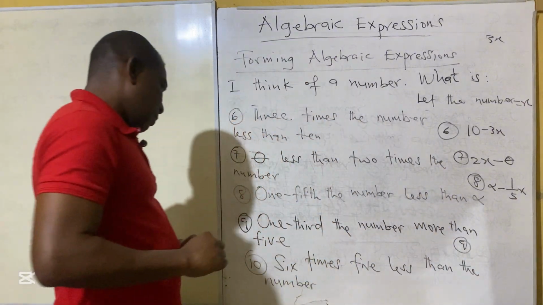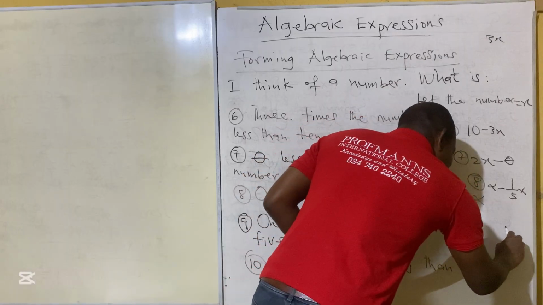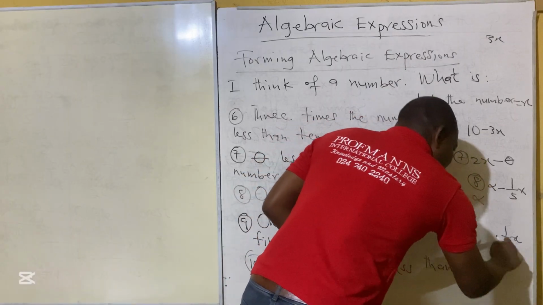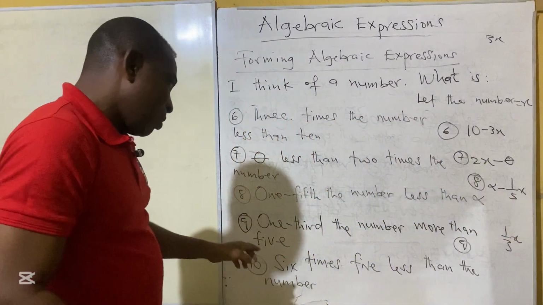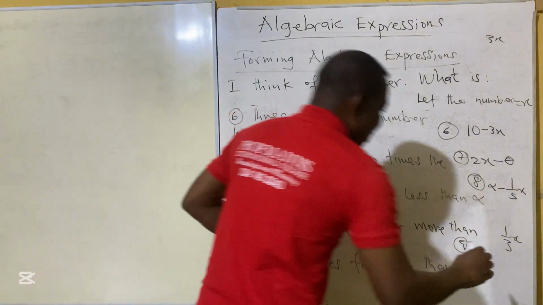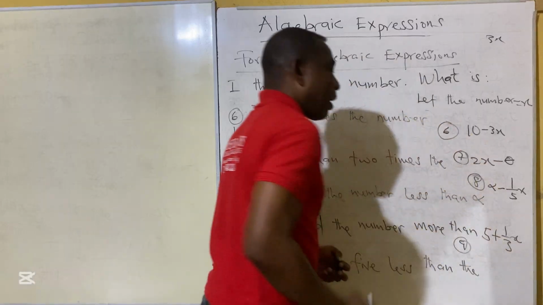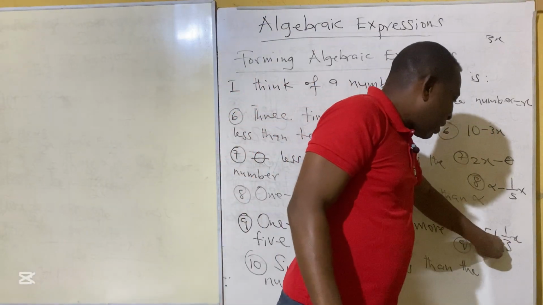Number 9, 1/3 of the number more than 5. So it is 5 plus 1/3 of the number, or 1/3 of the number plus 5.